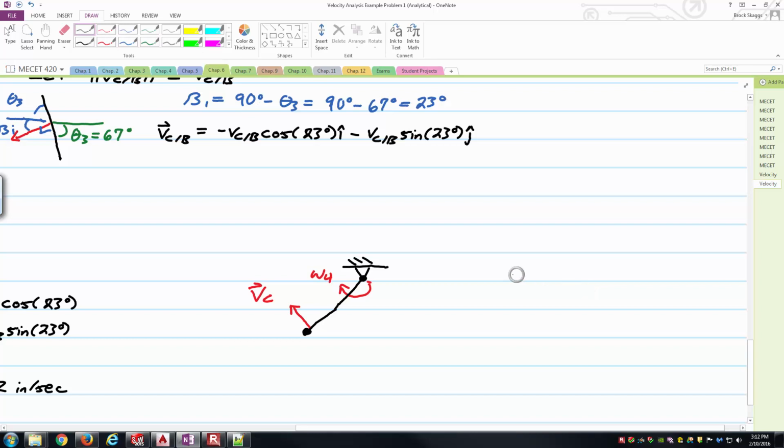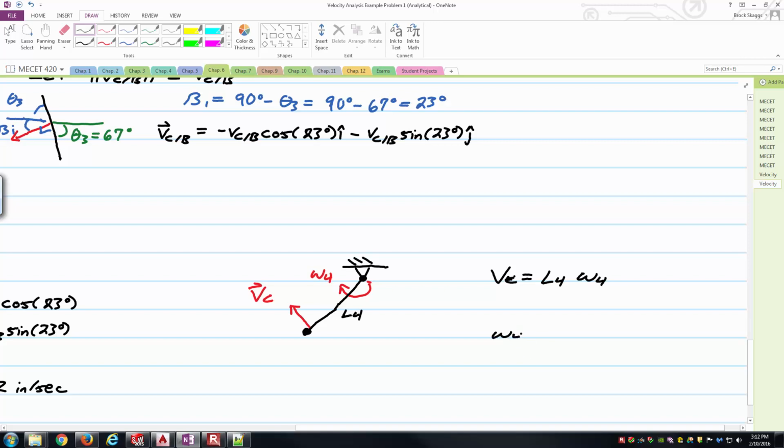Just looking at the magnitudes of these vectors, you would say the velocity of C is equal to L4, which this length here between these two pin joints, times omega 4. Again, since we just have a fixed pin joint here, this link is under pure circular motion.